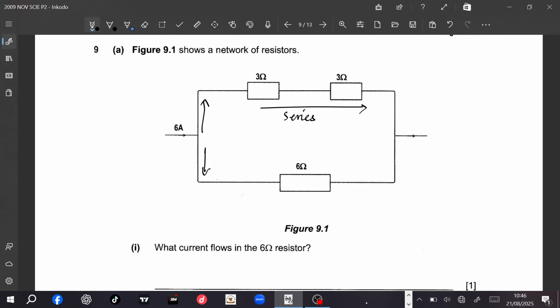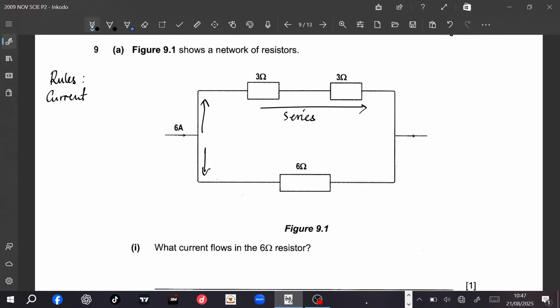When dealing with circuits like this, you need to remember some rules. First of all, current.